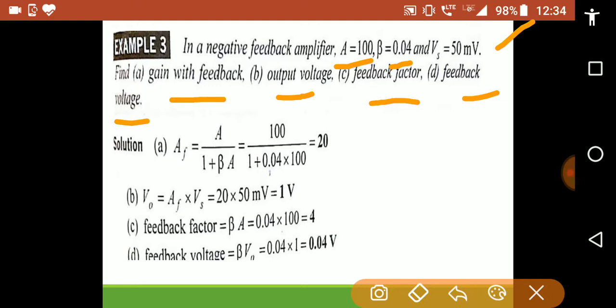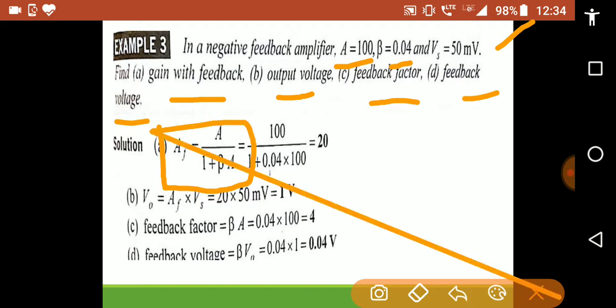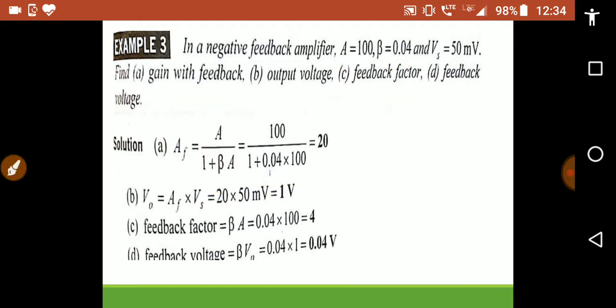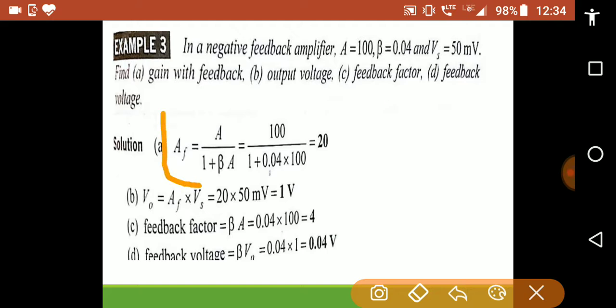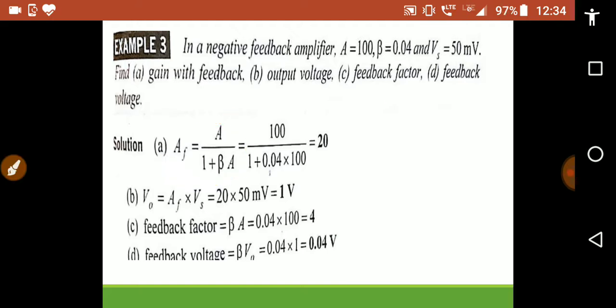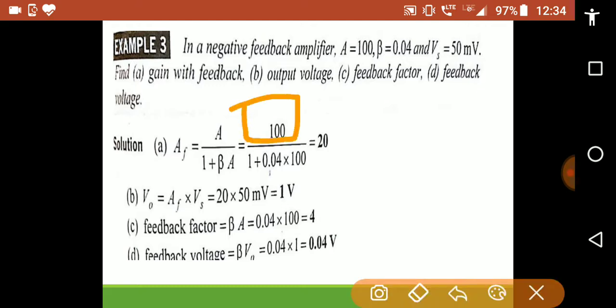So we know that the gain with feedback AF equal to A divided by 1 plus beta A. Here A is given as 100, beta is 0.04.